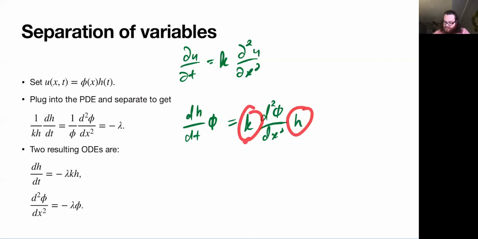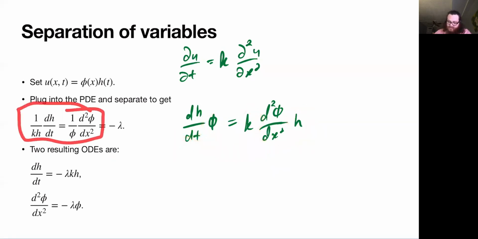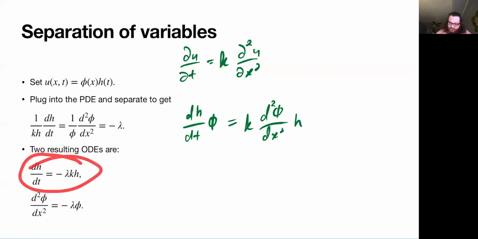Move the k h down there, move this phi down there. You're going to end up with this business. Both sides are equal to some constant, and that constant we're going to call minus lambda. And so breaking up this equality, we have two ODEs that we end up with.